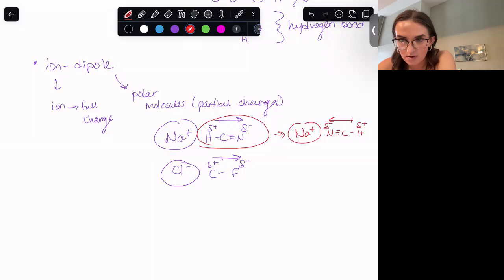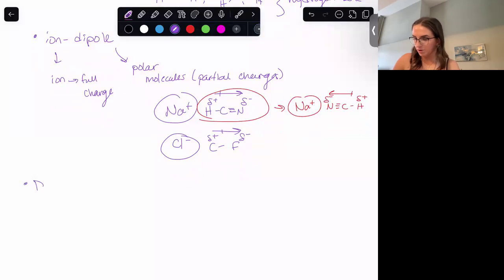The CF bond has different electronegativities, so the fluorine will pull the electrons closer, creating a partial negative charge on the fluorine and a partial positive charge on the carbon. So the negatively charged chlorine will be attracted to that partial positive charge a little bit more. Does that help with that question? Great.